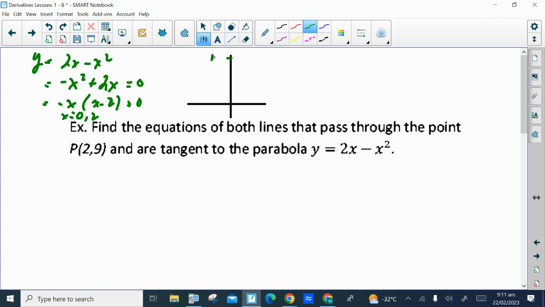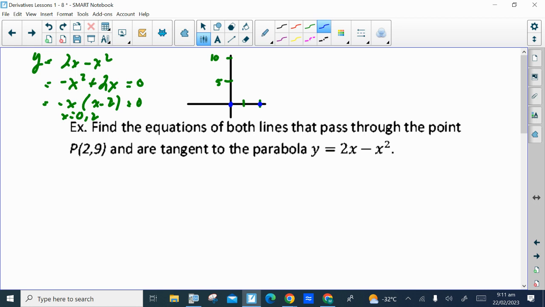If I say this point here is positive 10, this point here is positive 5 on the y-axis, on my x-axis I'm going to use a scale of 1. Our quadratic has x-intercepts of 0 and 2 and opens downwards. We don't know exactly where the maximum point is, but we could find it quite easily.